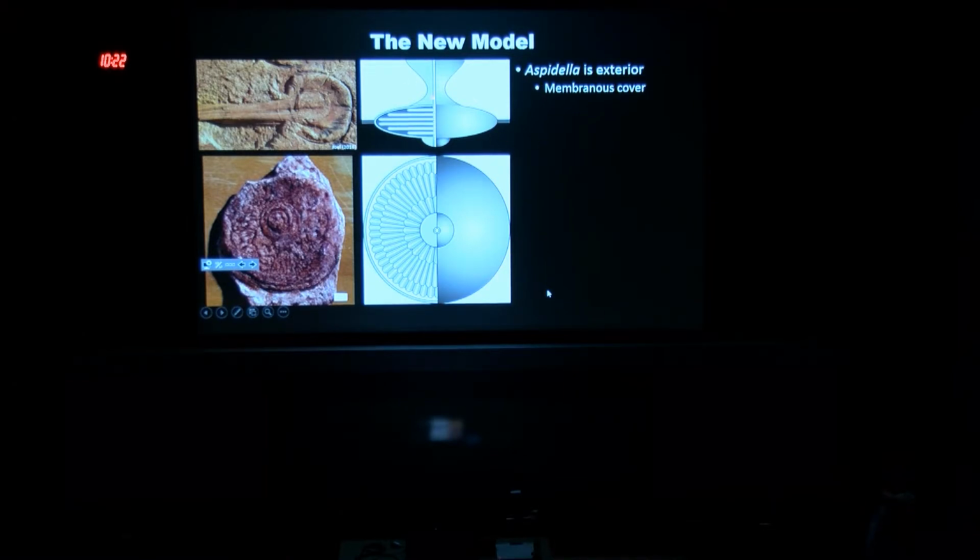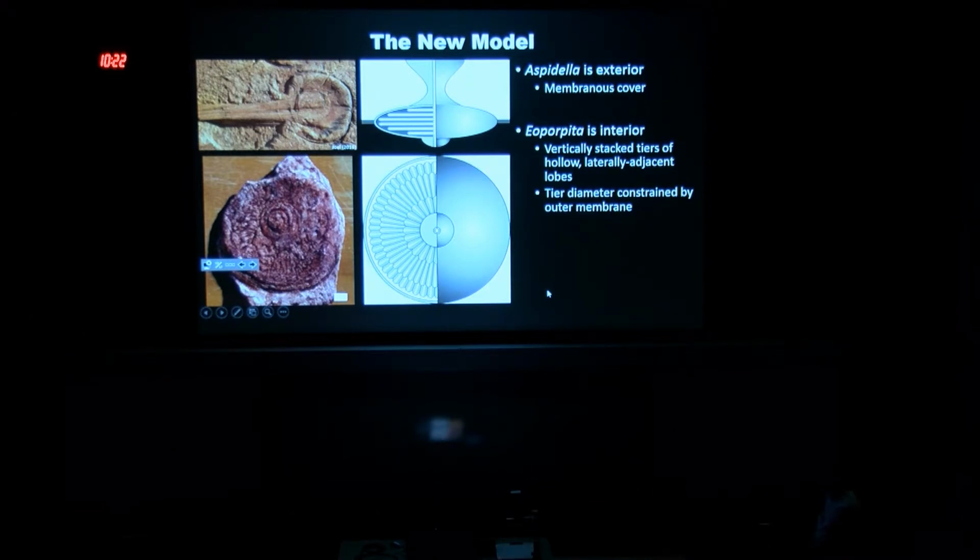Aspidella itself is a membranous exterior, biconvex in shape. Eoporpita itself is the preservational remains of the interior. So what we have is vertically stacked tiers of hollow, laterally adjacent lobes with the outer edges of the tiers themselves constrained by the outer membrane.